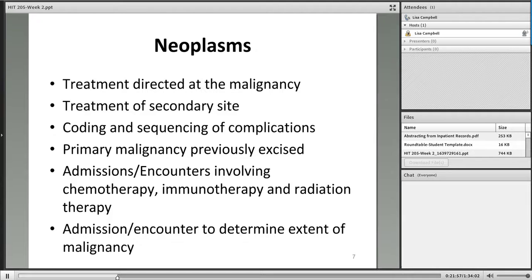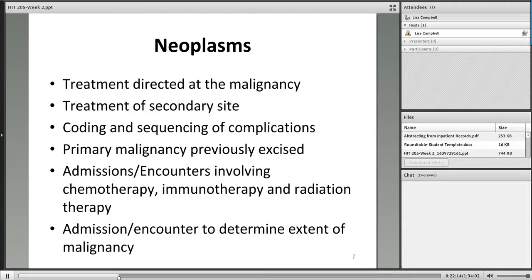Then the next paragraph says if the admission encounter is solely for the administration of the chemotherapy, the immunotherapy, or radiation therapy, it tells us which codes to list first, which are the Z codes.